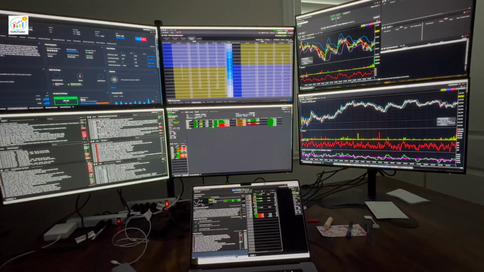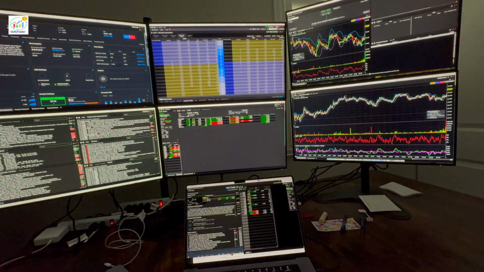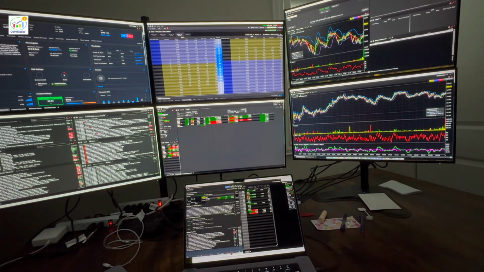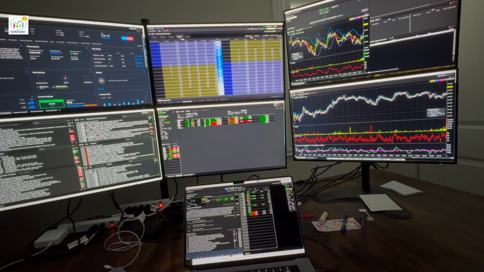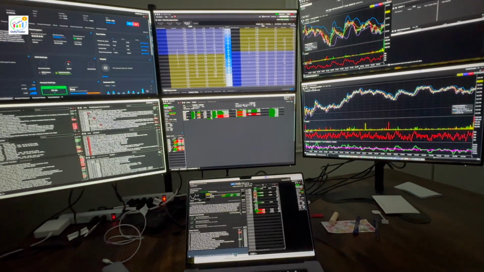I can flip quickly between Benzinga and my trading platform, so I have everything in one place and can stay focused.